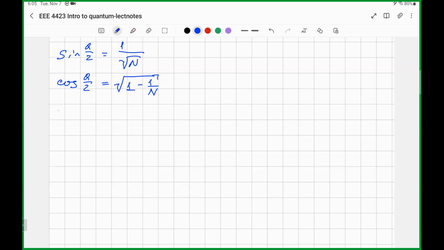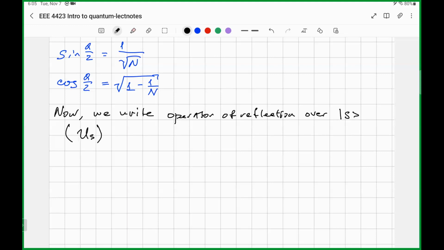So now we write the operator of reflection across or over state S, right, which is the US operator.